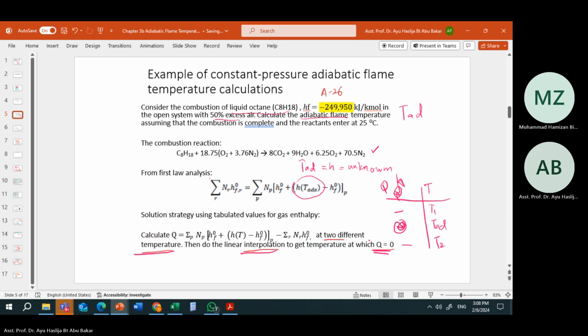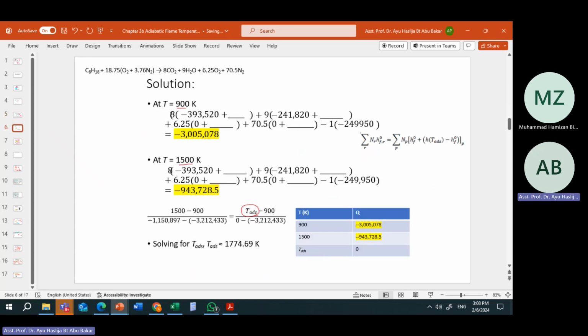Okay. At T adiabatic, Q is 0. Here you will have your value. So not necessarily one positive number, one negative number. No. So basically any two different numbers. Yeah. I need to do another.